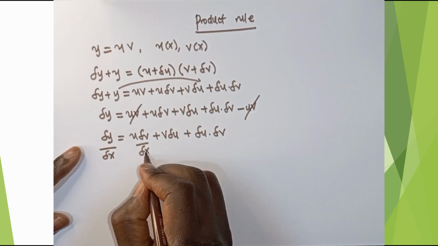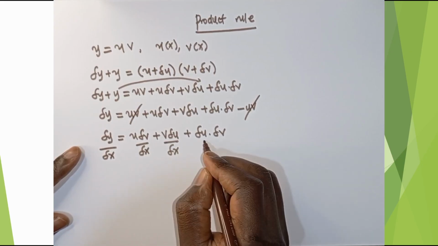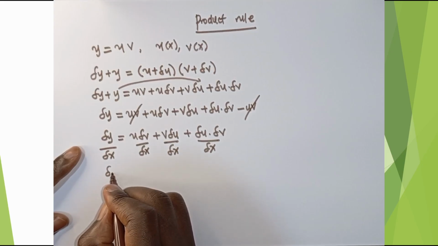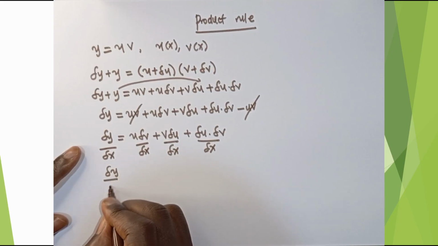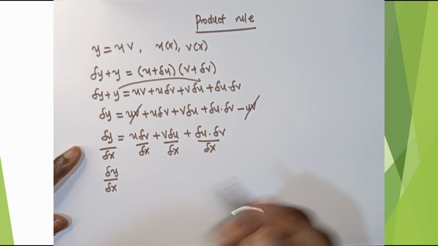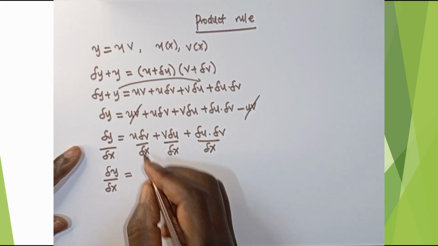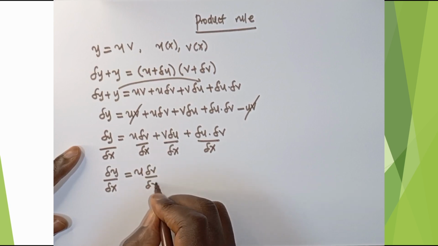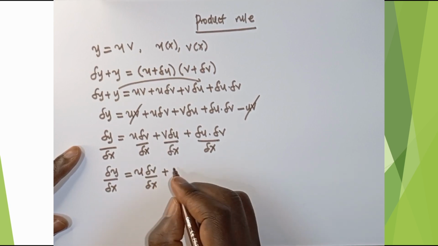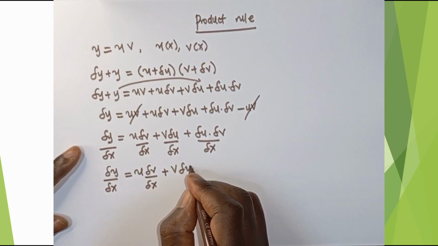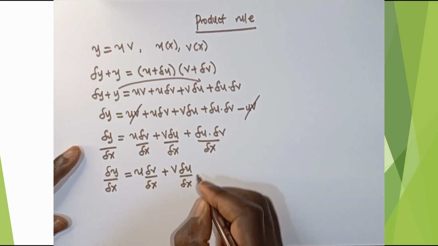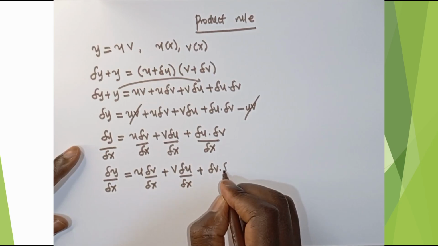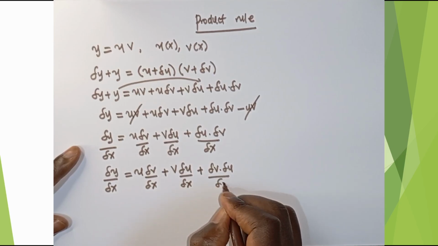So delta x, everything, delta x. So we have delta y out of delta x, delta meaning small change, is equal to u delta v out of delta x, and then plus v delta u out of delta x, and then plus delta v times delta u out of delta x.